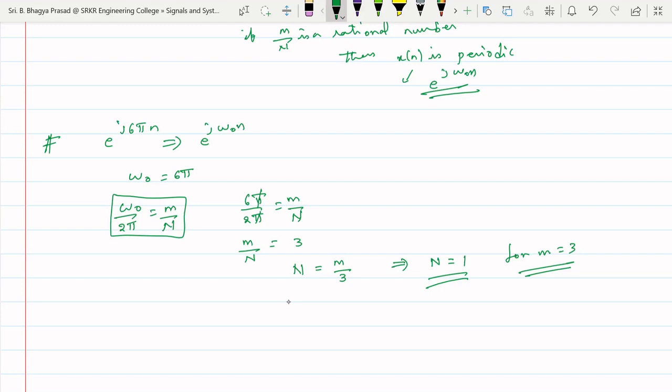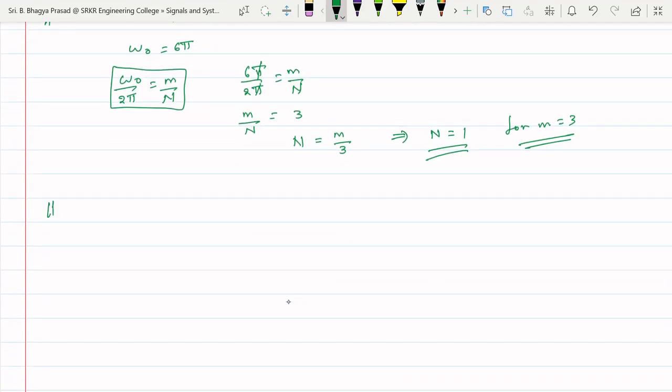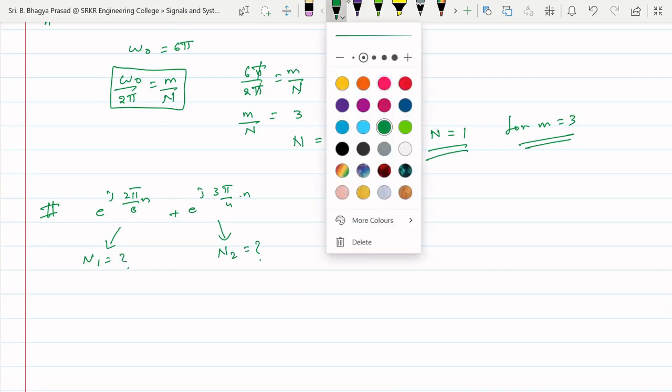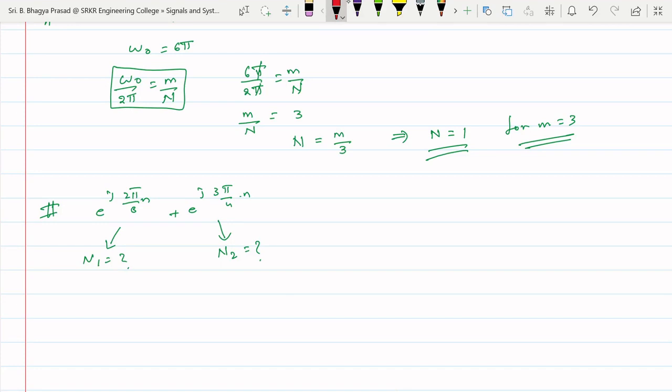Let us take the combination of two signals, e power j 2 pi by 3 n plus e power j 3 pi by 4 n. It's the same as in the continuous time. You go for the calculation of n1 and n2. Here omega 1 is 2 pi by 3 and omega 2 is 3 pi by 4.